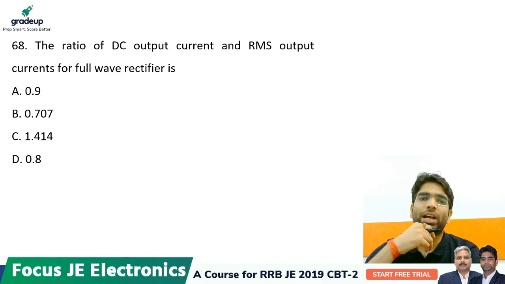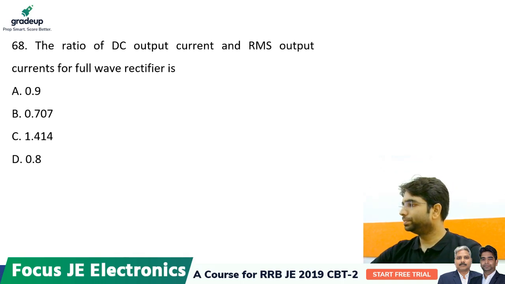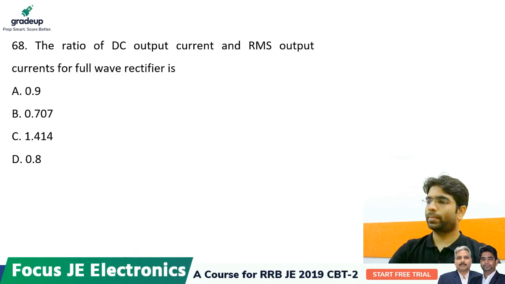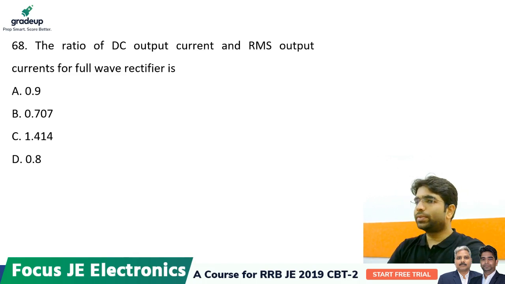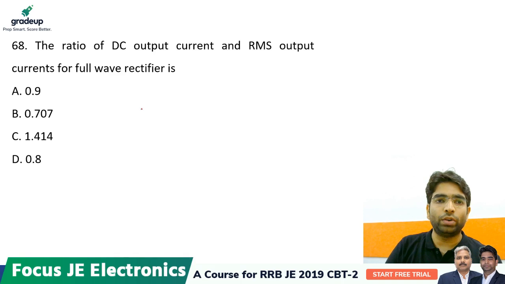The ratio of DC output current and RMS output current for the full wave rectifier is, what is a full wave rectifier? In a full wave rectifier, the output frequency is twice the input frequency of the sine wave. Now let us see the case. You have to calculate the DC output current.